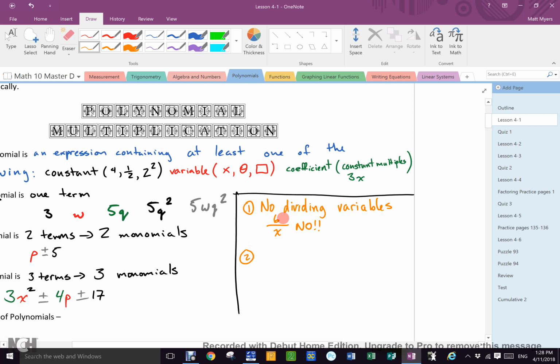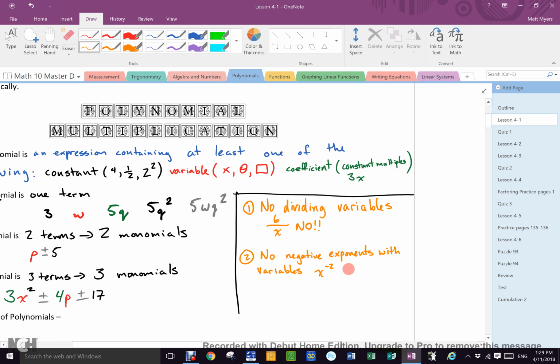Number 2, which is related to no dividing variables: no negative exponents with variables. Why is that not allowed?